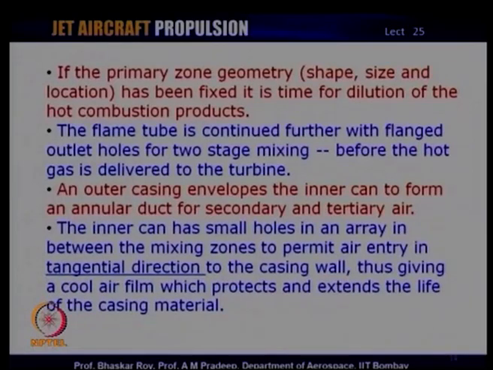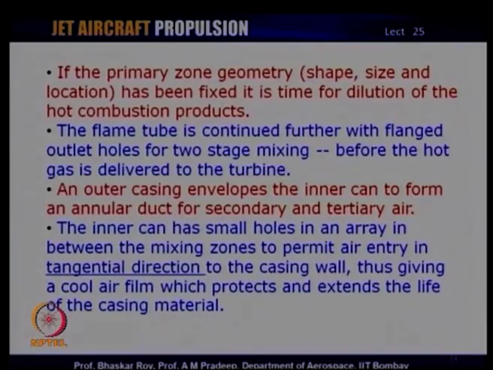Whereas in the primary zone, the geometry is fixed, the dilution of the combustion product is important in the secondary zone. There are two stages of mixing, one in the primary zone, one in the secondary zone. For an aircraft gas turbine, you may have a tertiary zone, and this is important for the life of the turbine.